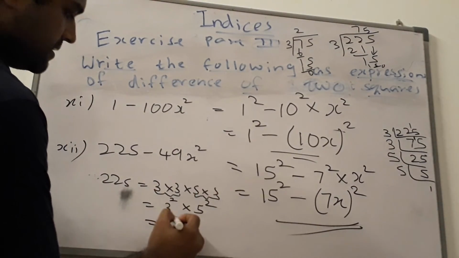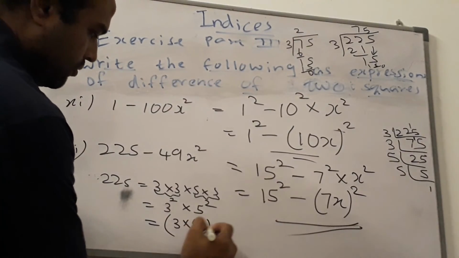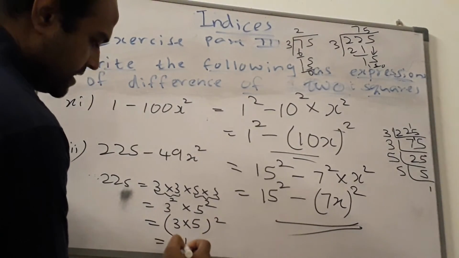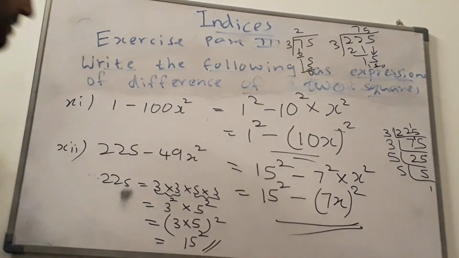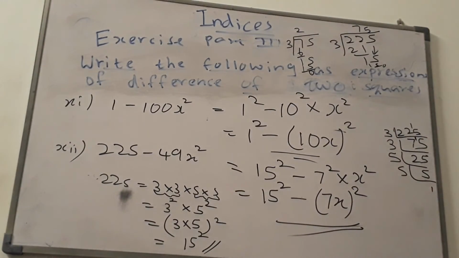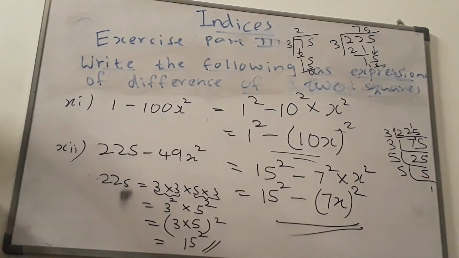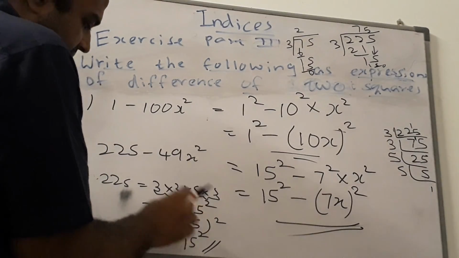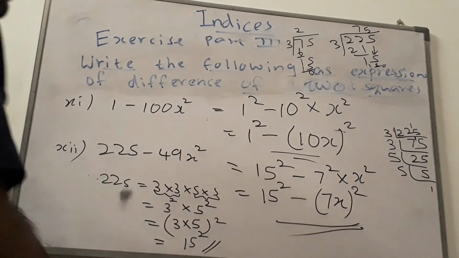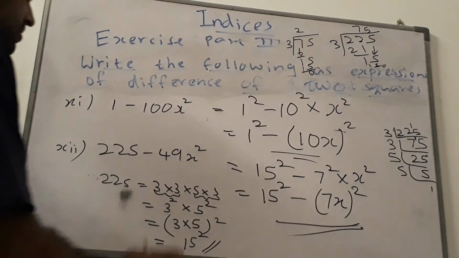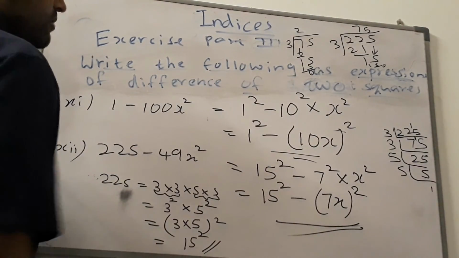So this means 3 times 5 altogether squared. We can write the two 3s as 3 squared and the two 5s as 5 squared, as a product of 2 squares. Then I keep the product inside the brackets and keep the square term outside. So 3 times 5 means 15, 15 altogether squared.